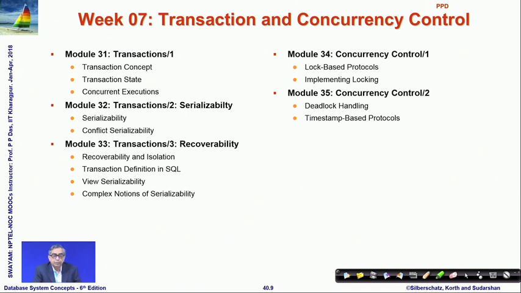And we talked about the issues of recoverability in this respect, and we specifically looked at different protocols, particularly the two-phase locking protocol for managing this kind of concurrency and the evils of deadlock that may happen when you do concurrency, and how simple protocols like the time based protocol can handle that.